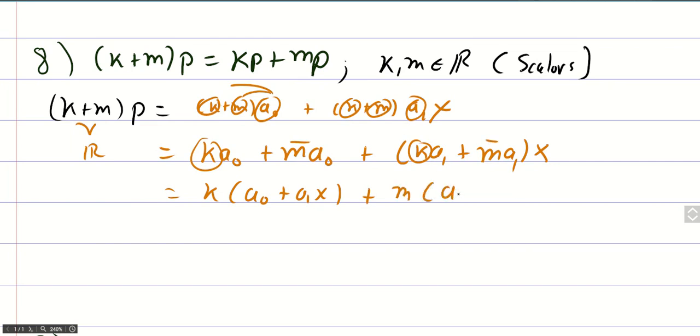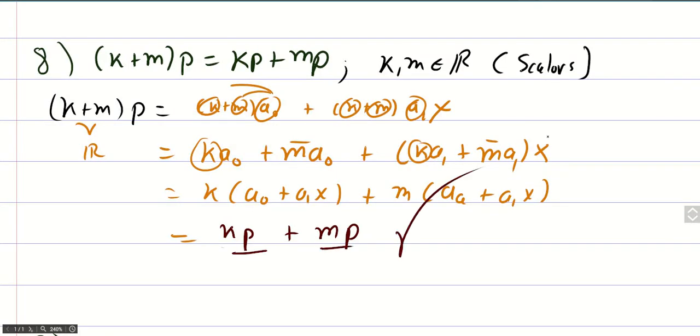We get m times a0 plus a1x, and look what we have here: k p plus m p. So the eighth axiom is satisfied.